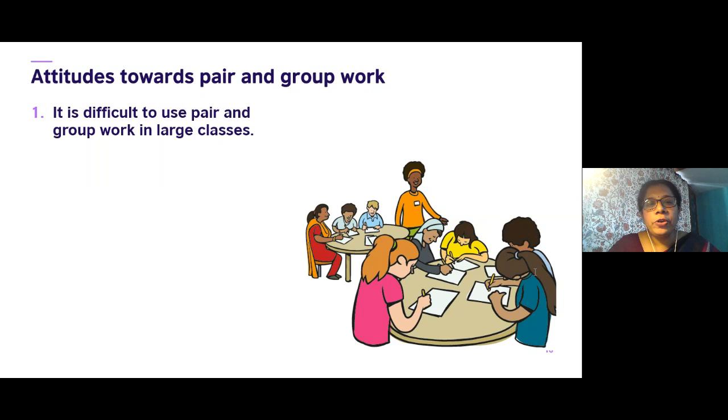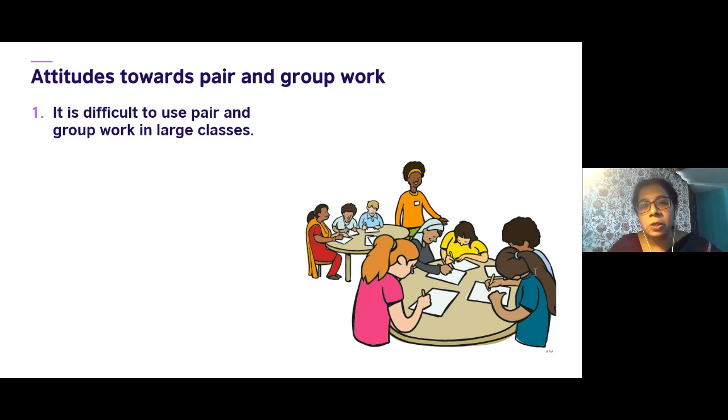Right. So for this statement, where many teachers have shared that they find it difficult to do pair and group activities in their classrooms, yes, it can be a challenge, we agree.